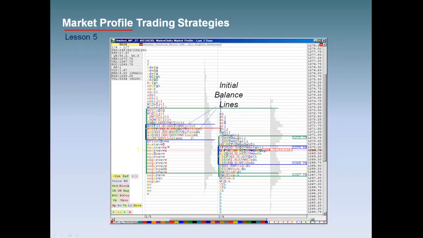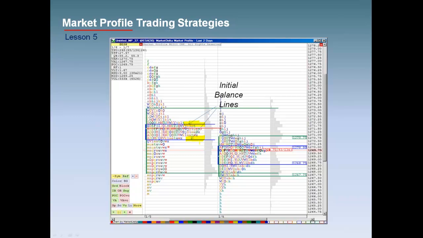Take a look here at some profile charts, and we're simply just going to identify on these two profiles these reference lines that we discussed. And the first ones are the blue ones, and they are the initial balance lines. And always remember, there's a lower initial balance line and there's a high balance line.